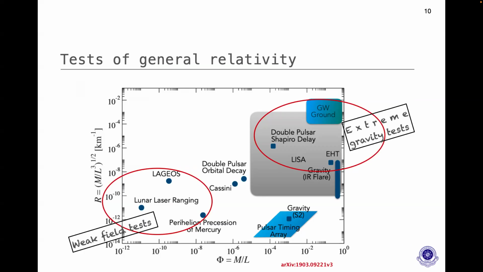If you roughly put these tests in the plane defined by the field strength, which is typically phi, defined by the mass over the characteristic length, and the curvature, which roughly goes as the square root of m over L cubed, then the gravitational wave events lie in the top right corner, which is the extreme curvature and strong field regime. So you can, of course, understand that this gives a wide and unique opportunity to test GR in the strong field regime.